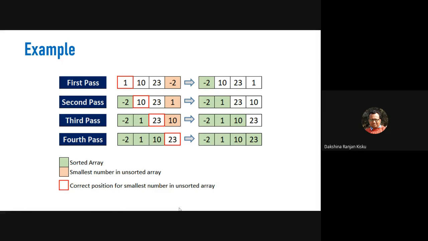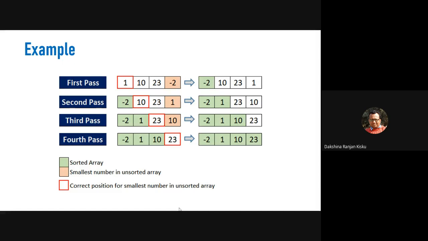When minus 2 is found, it will be exchanged with the element in the first position, which is 1. So minus 2 will be exchanged with 1. After the exchange, we find minus 2 in the first position, and 1 in the position where minus 2 was. This is done in the first pass.